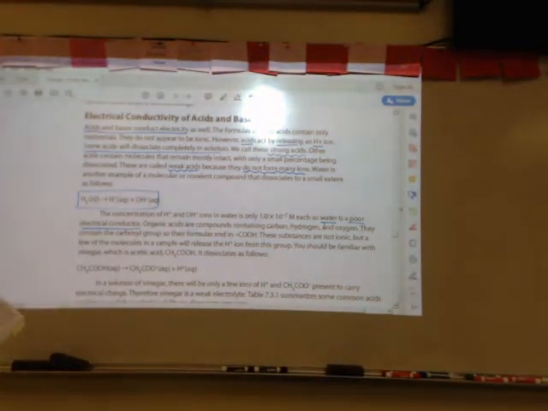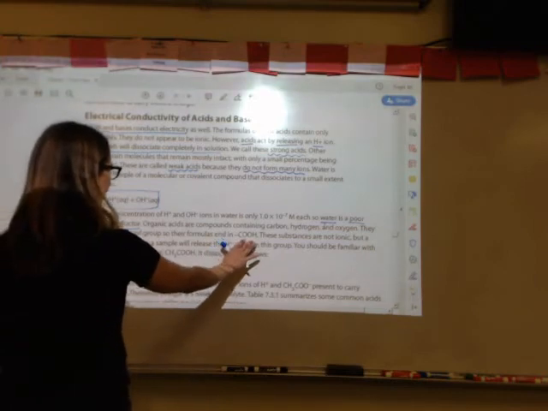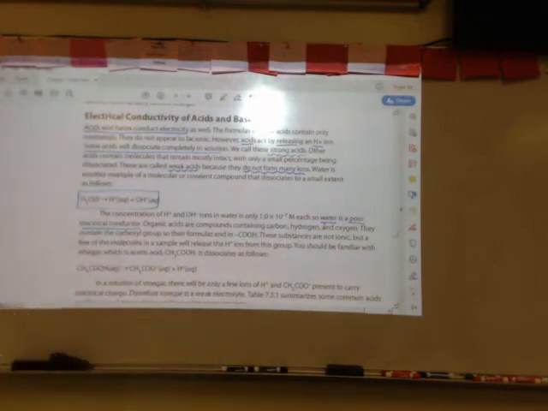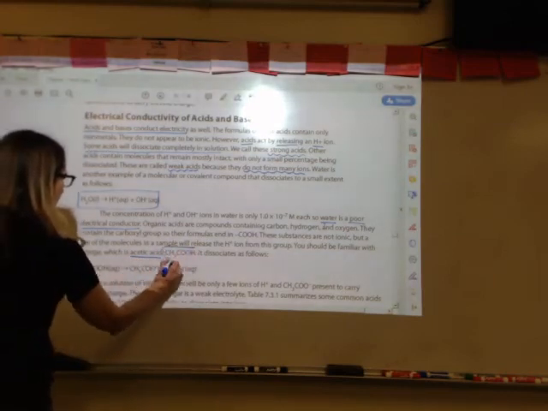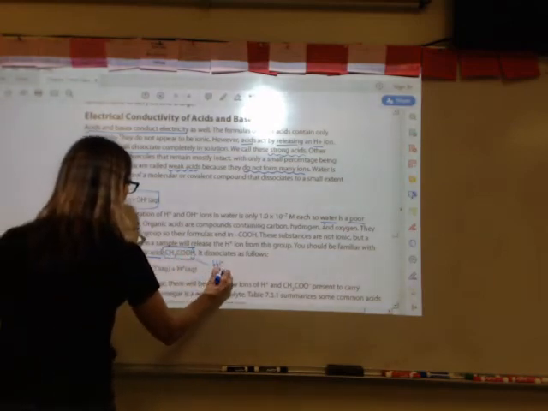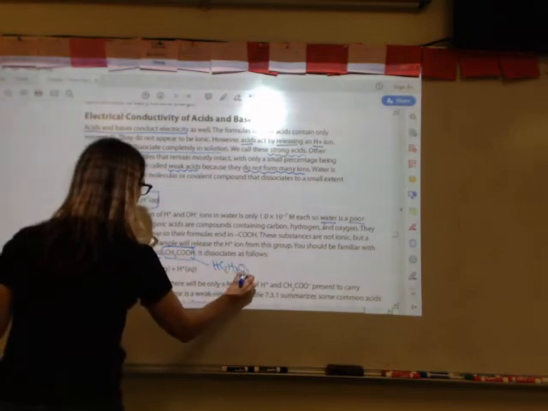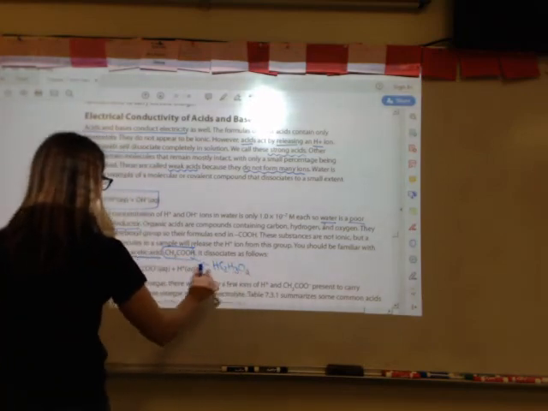Organic acids are compounds that contain carbon, hydrogen, and oxygen. They contain a carboxyl group on the end of their formulas, COOH. These substances are not ionic, but there are a few molecules that will release hydrogen ions from this group. The one that you need to know is acetic acid, CH3COOH, which we typically write as HC2H3O2.